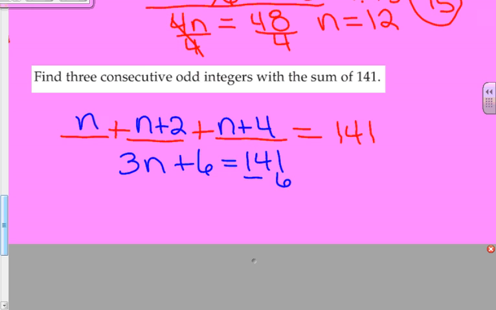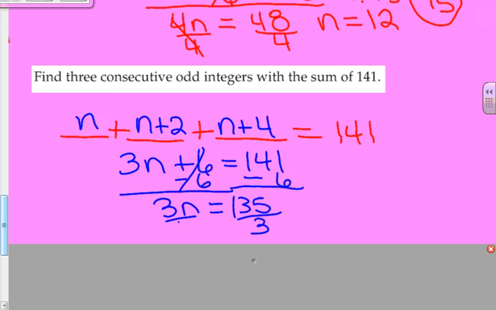Subtract 6 away from 141. 3n is left. And then that would make 135. Divide by 3 to get rid of our 3. And n will equal, let's see, 45, I believe.